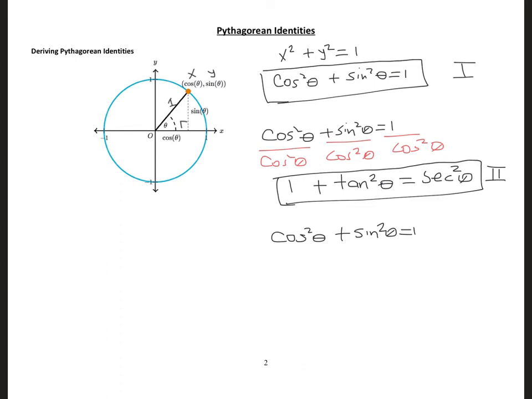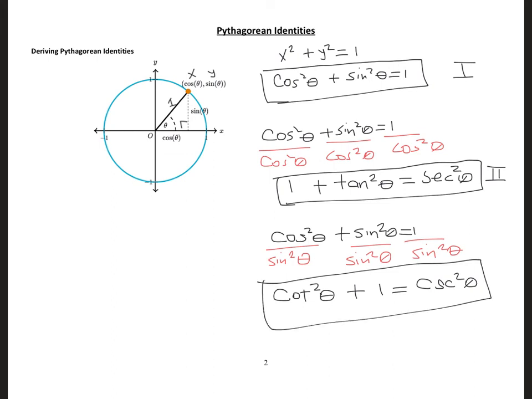This time I'm going to divide by sine squared theta, sine squared theta over sine squared theta. So now here this gives me cosine over sine, gives me cotangent squared theta plus 1 is equal to 1 over sine squared, which is cosecant squared theta. And that is my third Pythagorean identity.